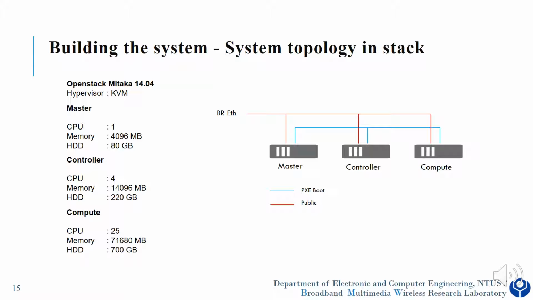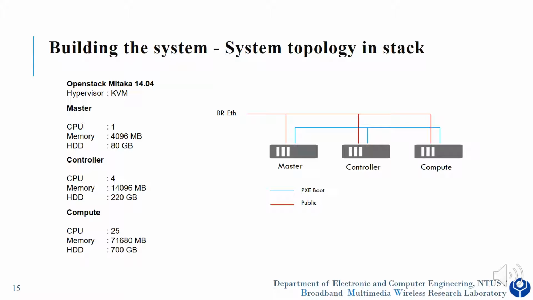This is the OpenStack system topology that we are using right now. All of the nodes are deployed as a VM, and we connect them using a PXE boot interface, so the master can control the controller and compute for the deployment and also the lifecycle.